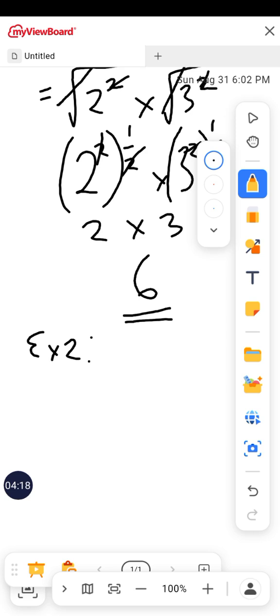Numbers like 36, and numbers like 4, 16, 25, 36, 49, 64, 81, 100, 121, 144, like that. They are perfect squares because you can find their exact square roots.